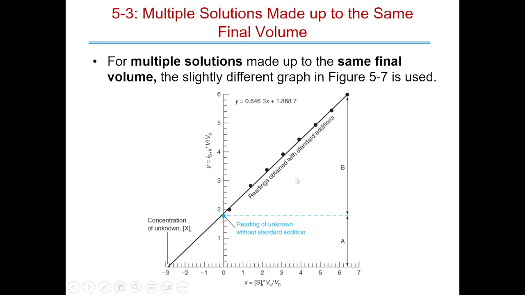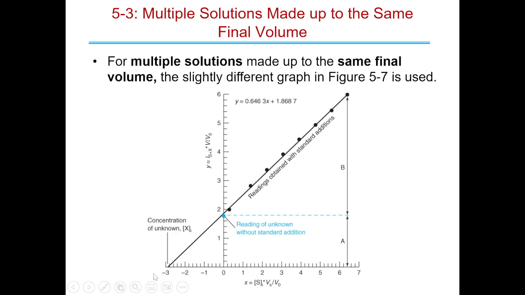So what we're going to get here is, notice that our original sample has analyte in it, right? And so our y-intercept is going to have a signal in it for that analyte, right? See that? The x-intercept would be the concentration. Please note there's no negative concentrations, right? So get rid of the negative.